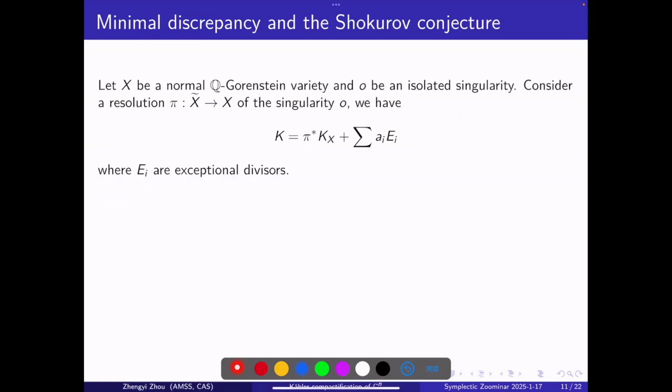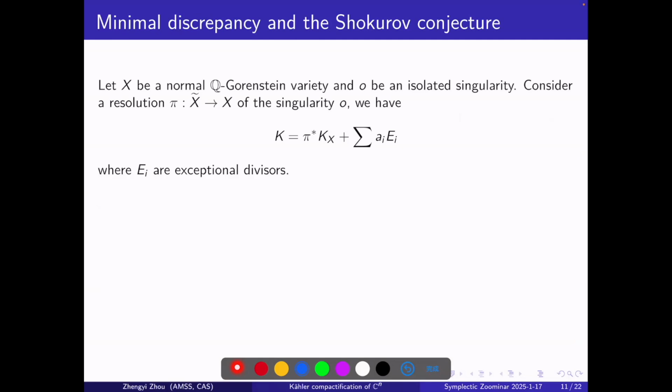Okay, so the second part is we recall some basics about algebraic geometry, to recall what this Shokurov conjecture is and what we actually proved. So the setup is the following. Let X be a normal Q-Gorenstein variety and O is an isolated singularity.